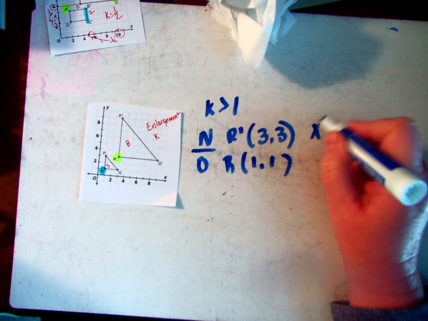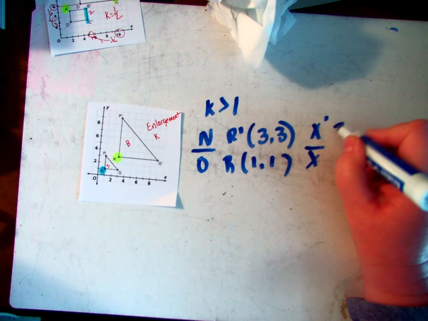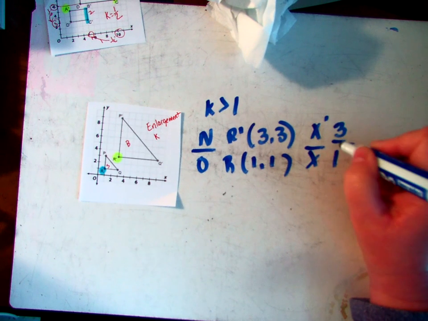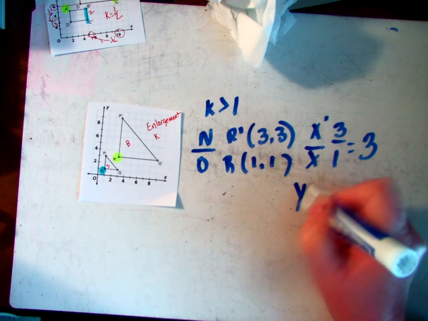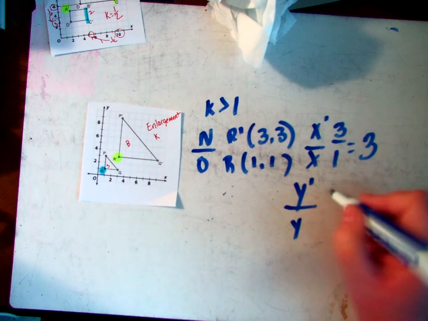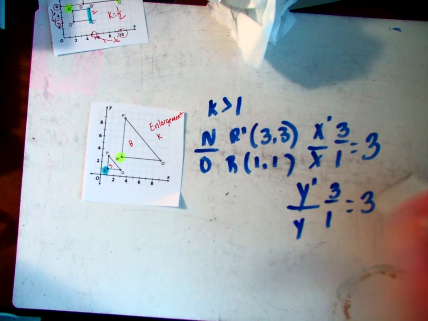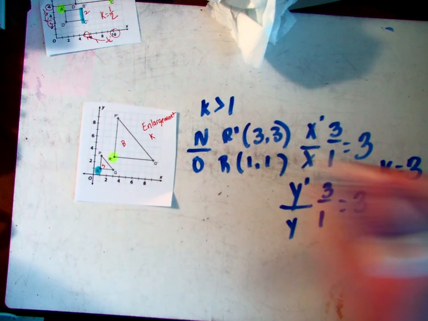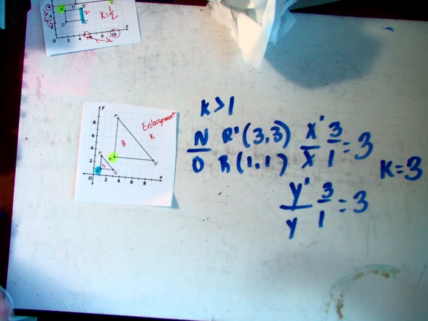So if I take just the X prime over X, I get 3 over 1. 3 divided by 1 gets me 3. Let's see if that's the same for Y. Y prime over Y, that's also 3 over 1. 3 divided by 1 is 3. So my scale factor equals 3. That makes sense. 3 is larger than 1, so your scale factor is bigger than 1.